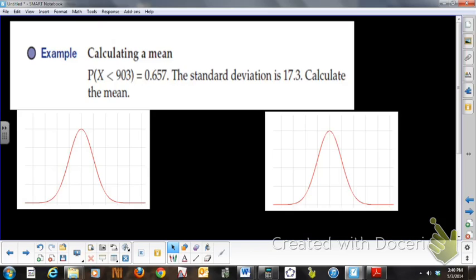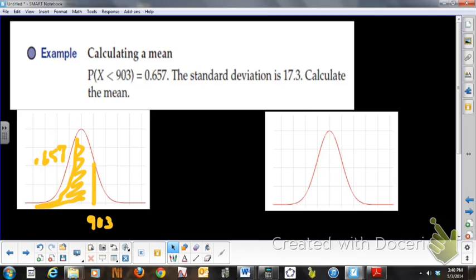So what we're saying is, if we look at a graph, this is our 903, and I draw this over here because we're looking at an area that is 0.657, and we're looking at x being less than this.